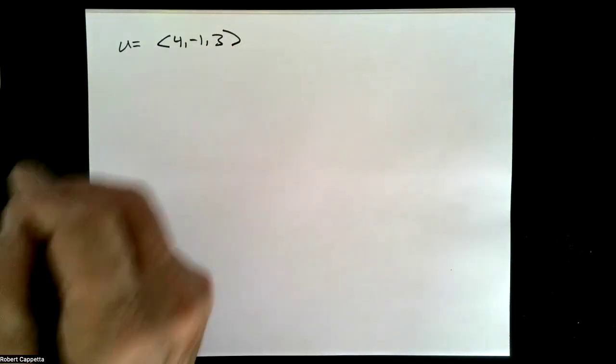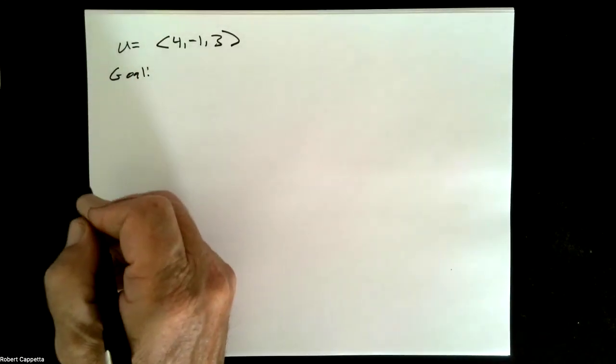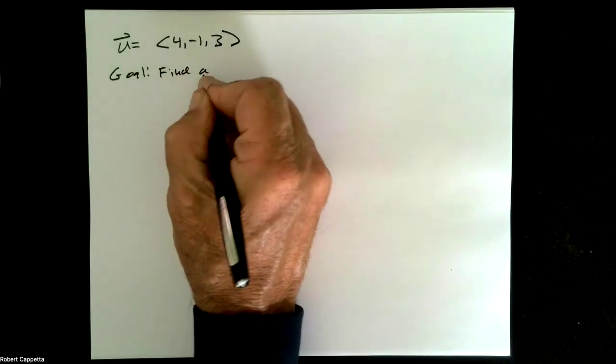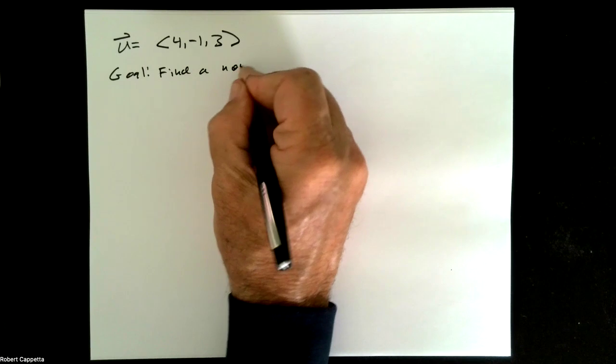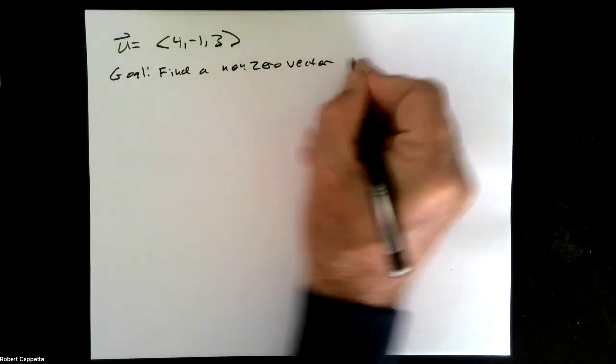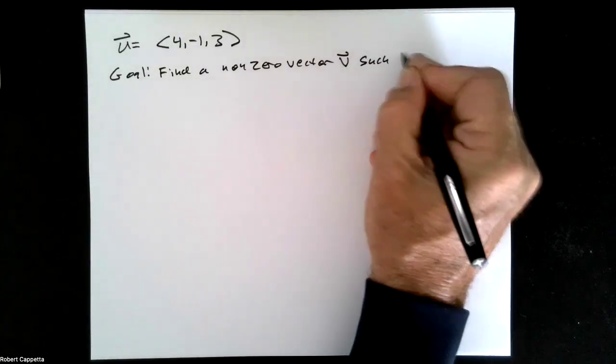And what's my goal? Find a non-zero vector v such that u is orthogonal to v.